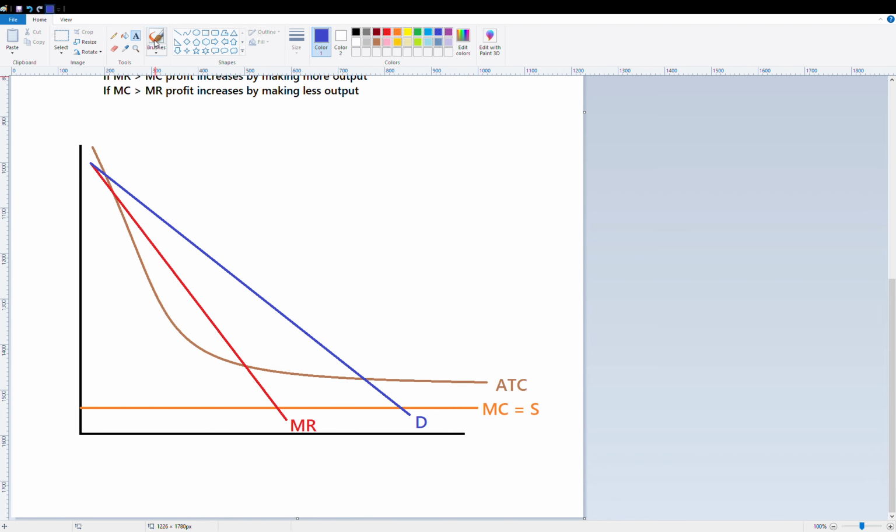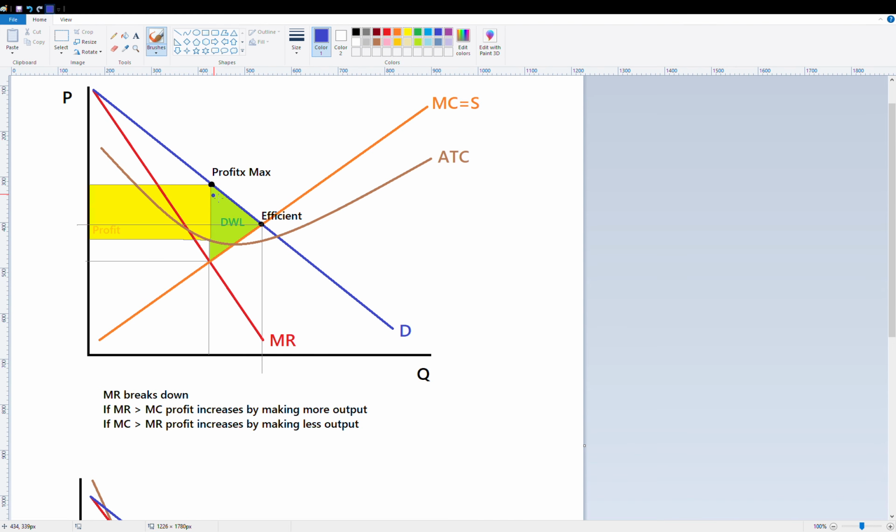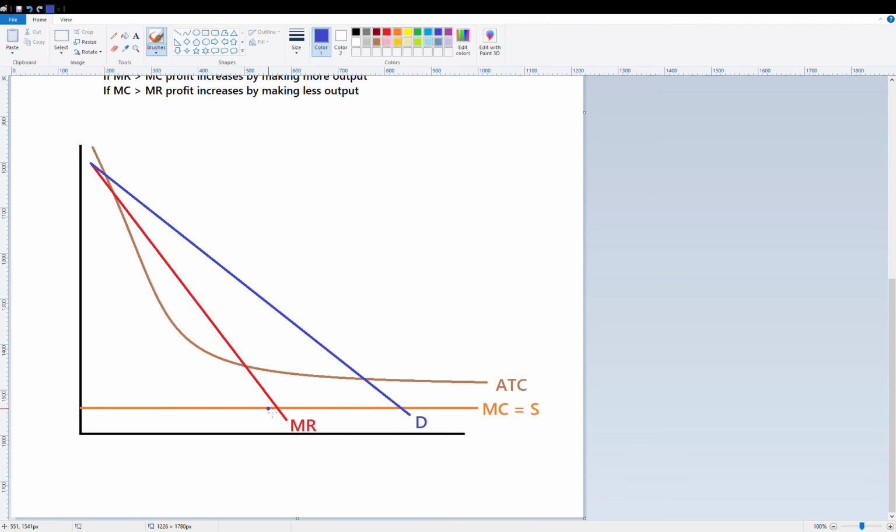Remember, there's always a deadweight loss because companies produce at the profit max point rather than the efficient point. Let's suppose the Detroit Water Company wants to produce where profit is highest.